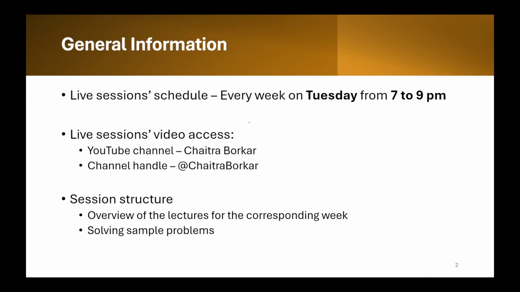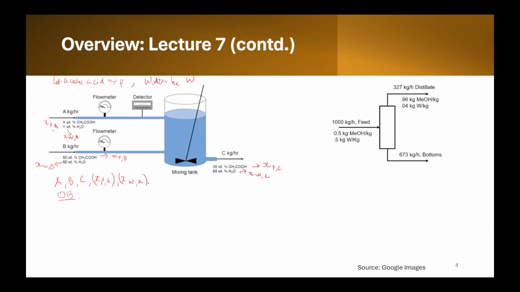So if we go for the overall material balance, we first write the general material balance equation. A is equal to I minus O plus G minus C. Here A is accumulation, I is input, O is output, plus G is generation, and minus C is consumption. If it is a steady state, accumulation goes to 0, nothing is generated, and nothing is consumed.